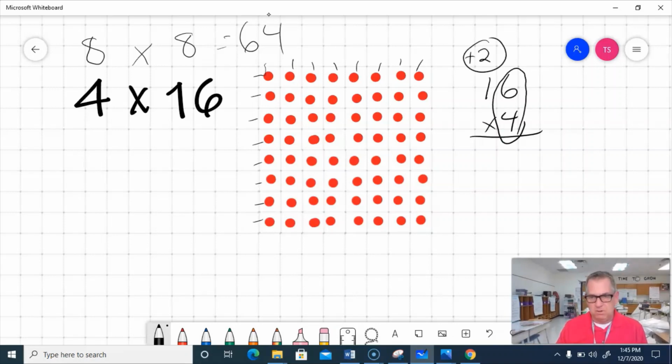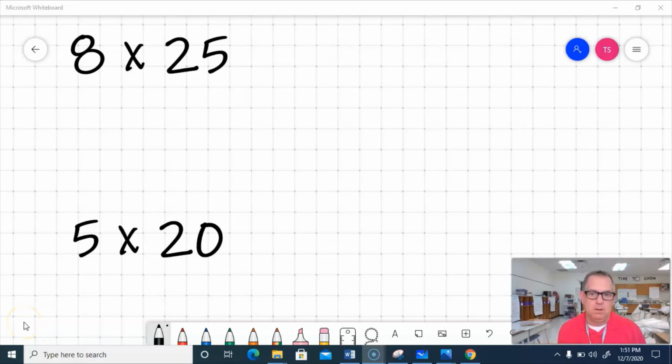I'll put a little plus sign here so I don't forget that I need to add the 2 when I'm multiplying my tens place. Second thing I'm going to do is multiply my ones place by my tens place. That's 4 times 1. 4 times 1 is 4. Plus 2 is 6. So that equals 64. So 16 times 4 is 64, or 4 times 16 equals 64.